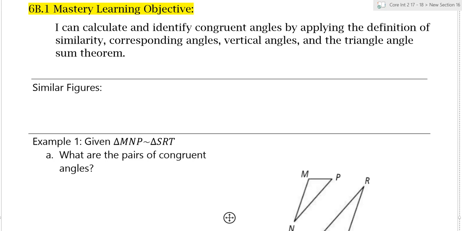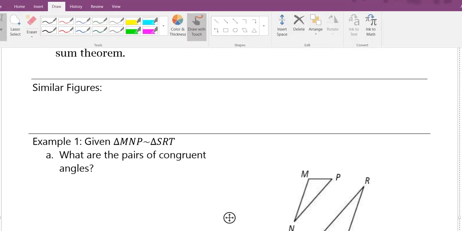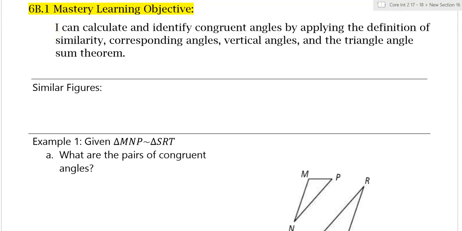So the first thing we're going to look at is what are similar figures. This whole unit is about similarity and similar figures, so we do want to know what those are. Okay? So similar figures are when you have two figures, or any amount of figures. By figures I just mean shapes, so we're going to be looking at triangles a lot, but you could have rectangles, quadrilaterals, a pentagon, any figure, any shape.